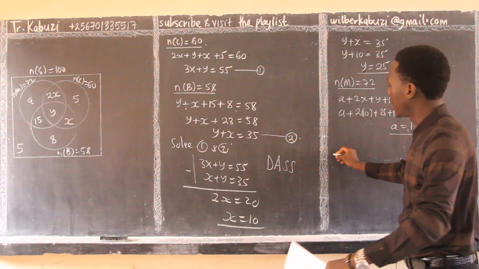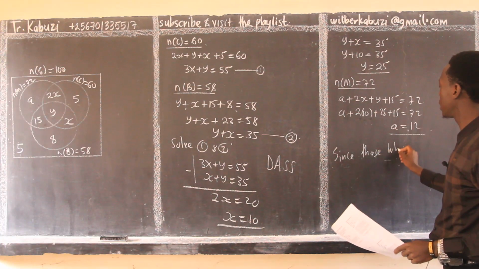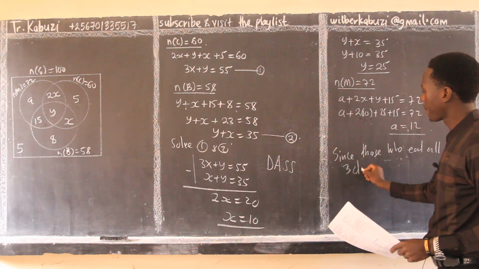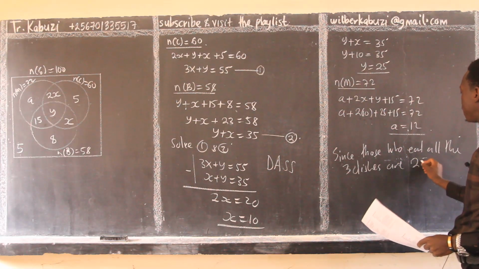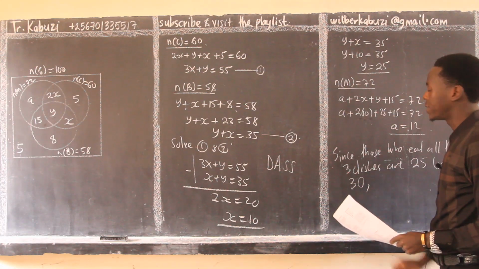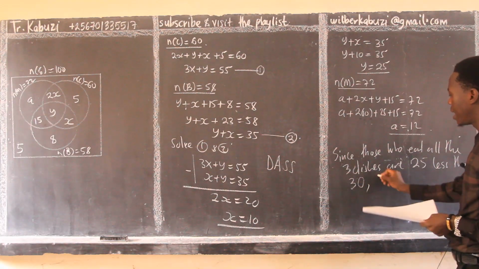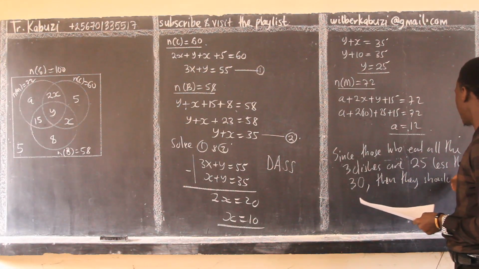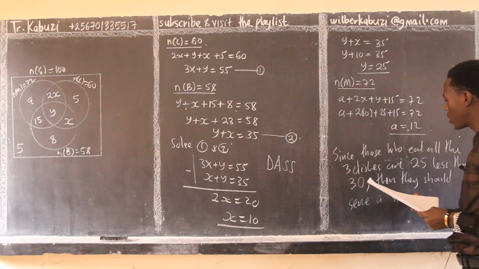So then you come and conclude that since those who eat all the 3 dishes are 25, less than 30, then we said if they're less than 30, they will focus on a single dish.